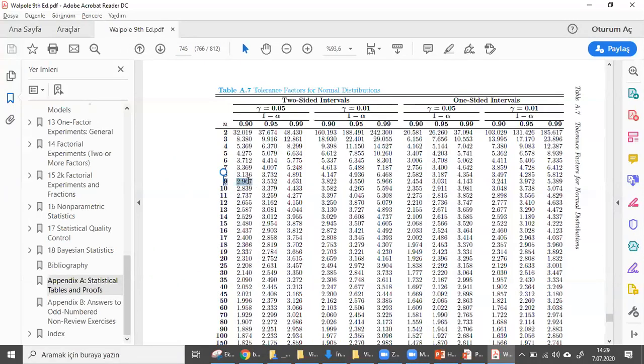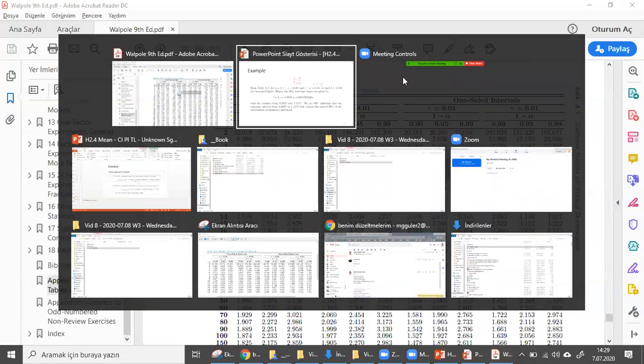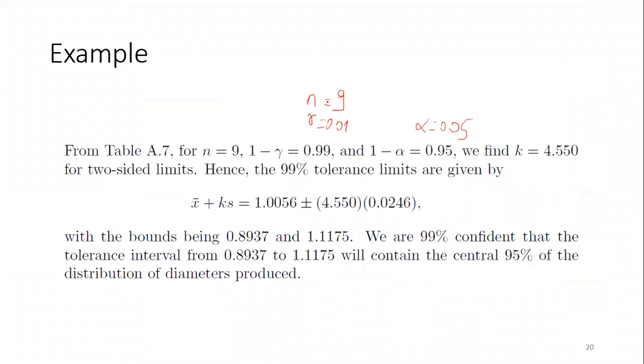So n is equal to 9. Gamma was 0.01, right? And alpha is this value. So I think this is what we have, 4.550. Exactly. So this is for the tolerance limits.